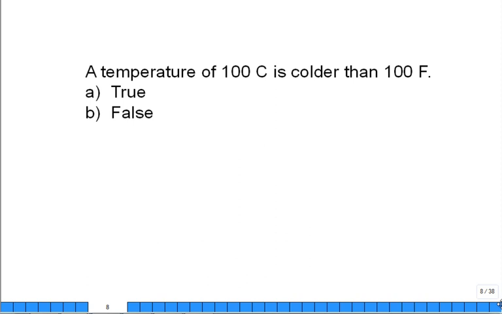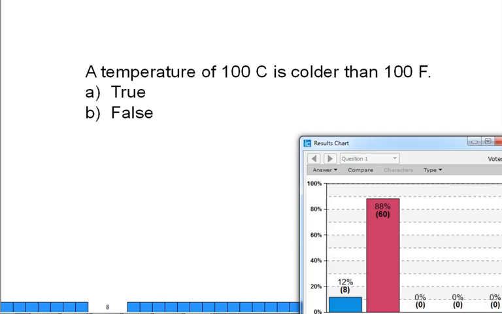A temperature clicker question. We'll start it right now. A temperature of 100 degrees C is colder than 100 degrees F. True or false? I'm going to give more time, and then I can show this.